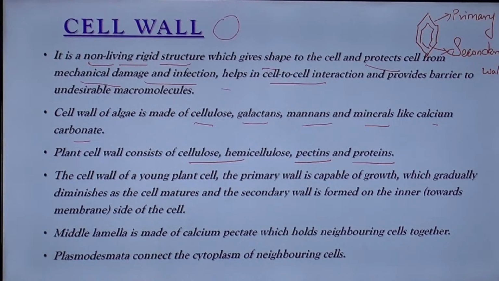So here this primary wall is capable of growth and development. And this secondary wall forms on the inner side of the cell.